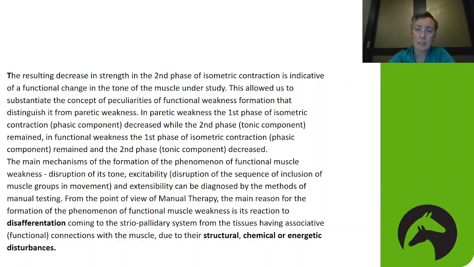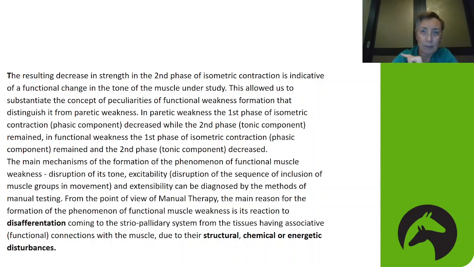In paretic weakness, the first phase of isometric contraction is decreased. It's very important to understand that in paretic weakness, we can't test people with cerebral palsy, because people with cerebral palsy don't have the first phase, while the second phase, the tonic component, remained.